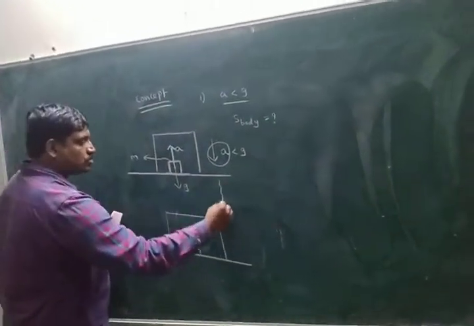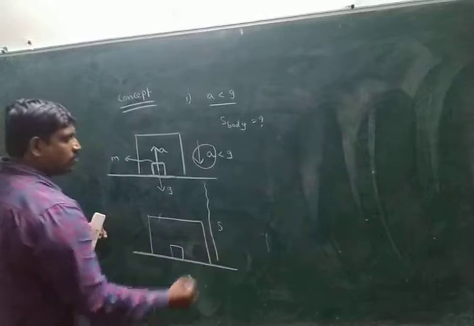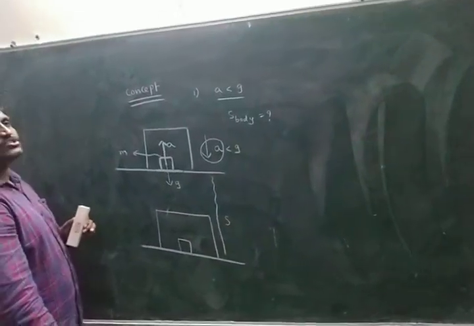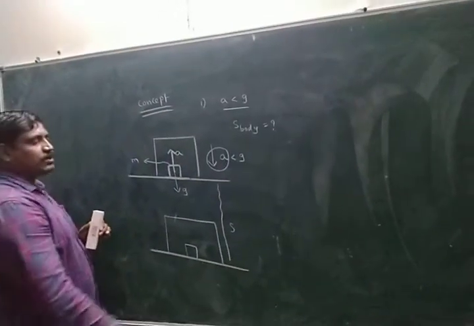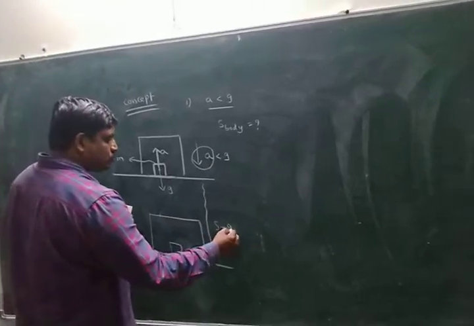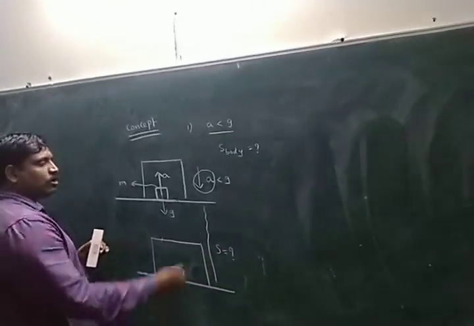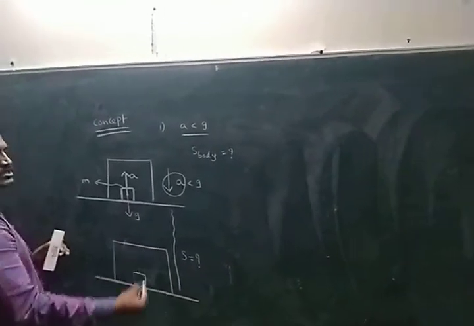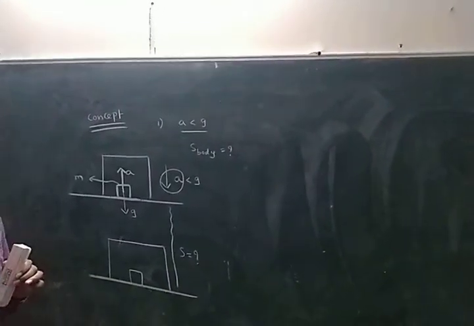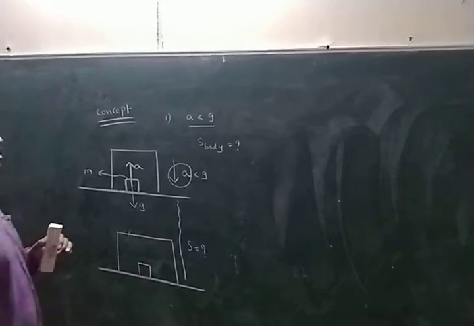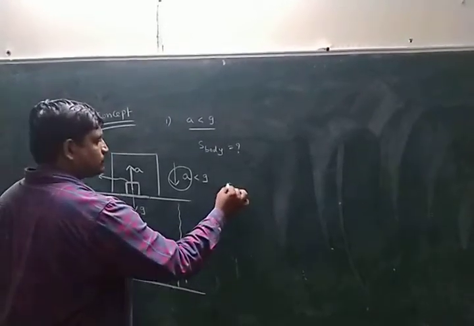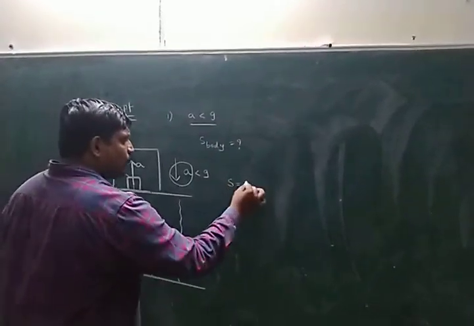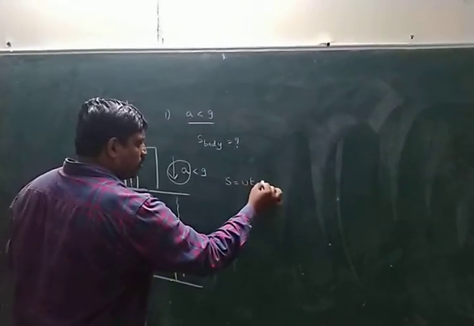So the displacement of the lift is equal to the displacement of the body in this situation, because the lift moves from here to here, and the body also moves from here to here. What is the kinematic second equation?